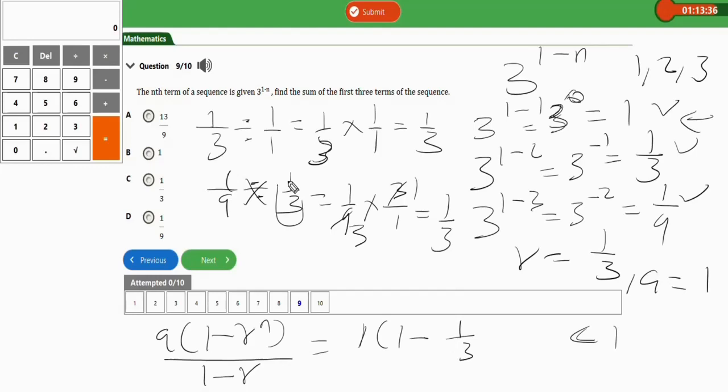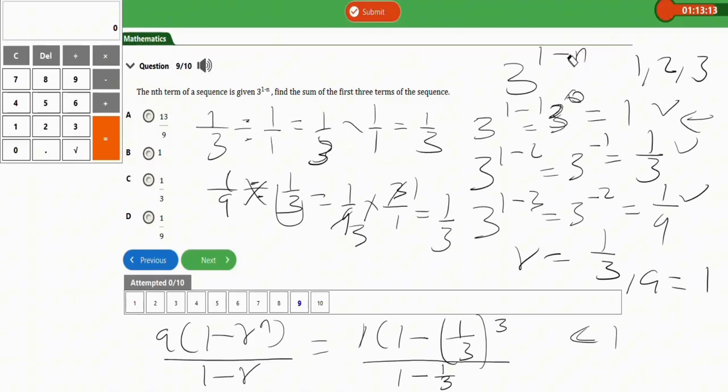We're asked to find the sum of the first 3 terms, so your n is 3, over 1 minus our R, which is 1 over 3. Alright, so let's wipe some parts and complete this solution.